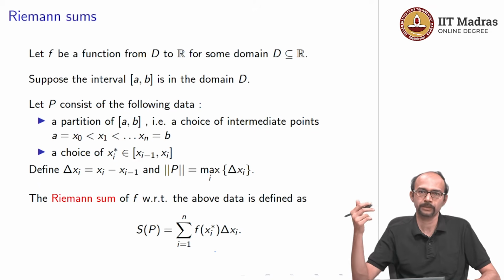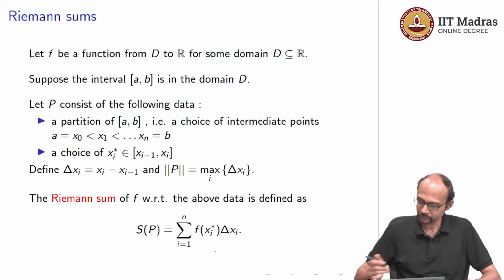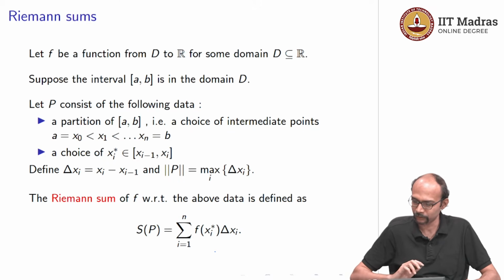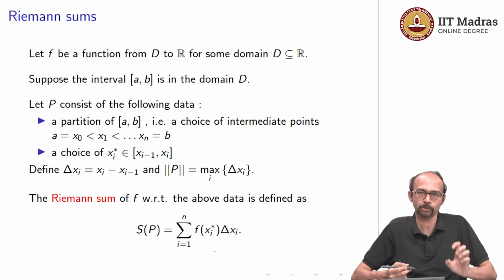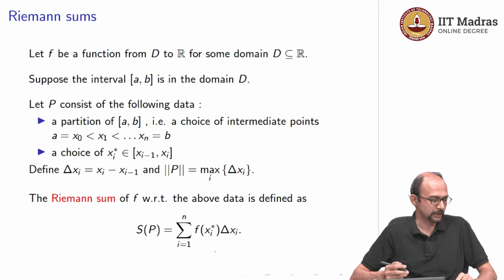So that's an approximation for the area under the graph. That's a Riemann sum, and of course what we would like is that we keep refining our partitions. So this P is going to start changing. We will take smaller and smaller P's, and that will give us something interesting.